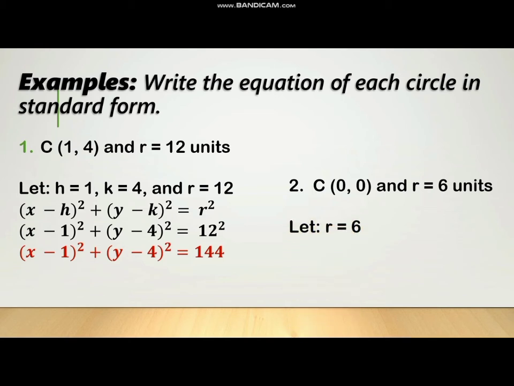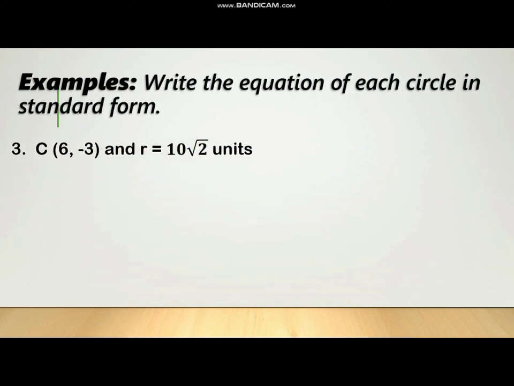We only have r equals 6. The formula is x squared plus y squared equals r squared, so we only replace the r. We have x squared plus y squared equals 6 squared, and we know that 6 squared equals 36. So x squared plus y squared is equal to 36.